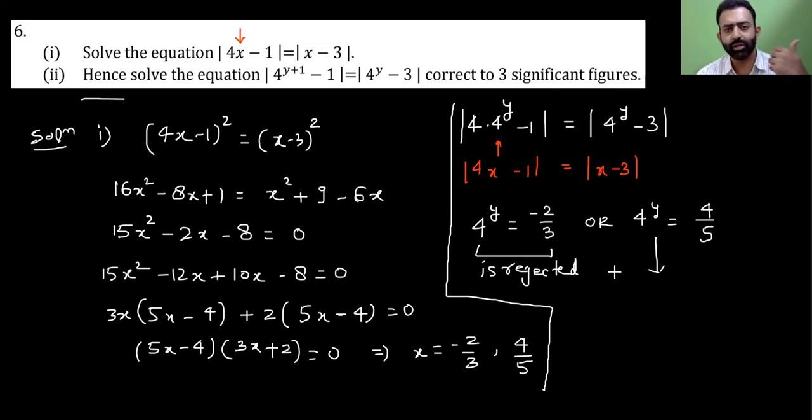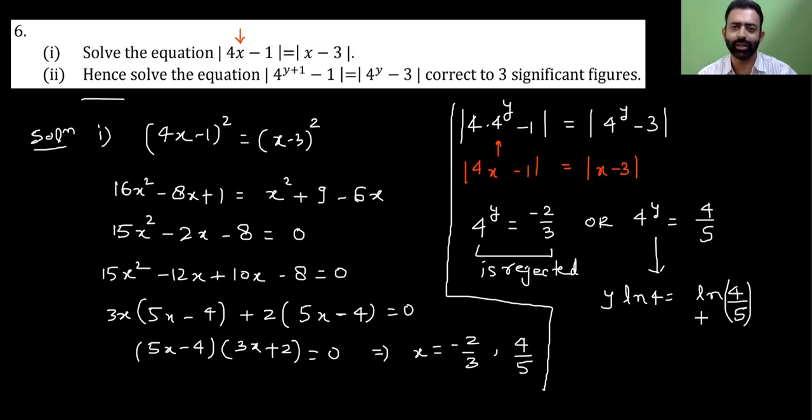Now we have to find the value of y, because in the second part the variable is y, but that y was in the exponent. So 4 to the power y is equal to 4 by 5, that means taking logarithm on both the sides, I can write this as y ln 4 is equal to ln (4 over 5). Please do not try to cancel this ln 4 with this ln 4. First thing is that ln (4 upon 5) is the log of the whole 4 upon 5.